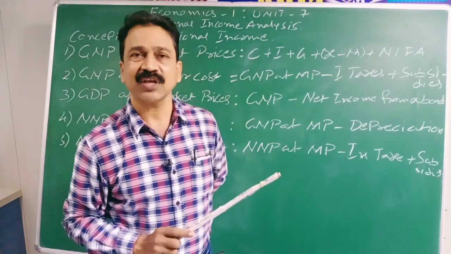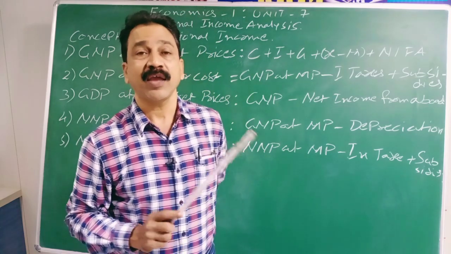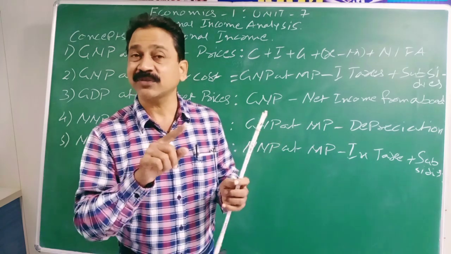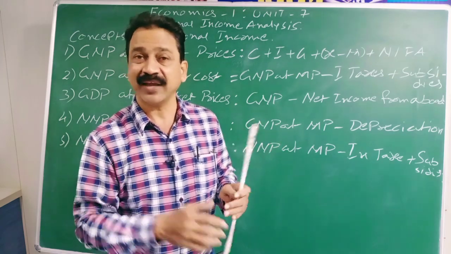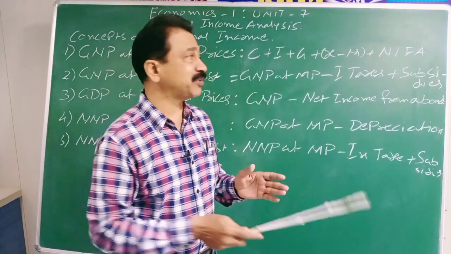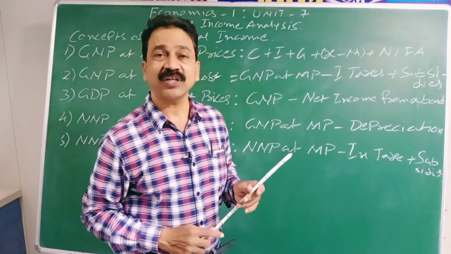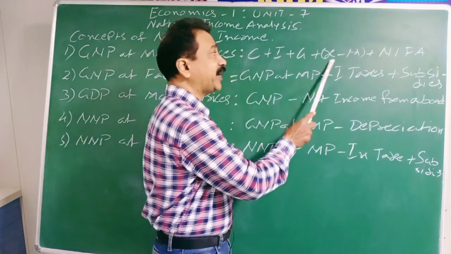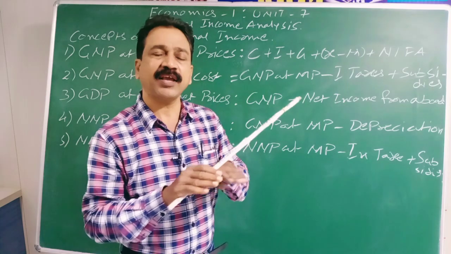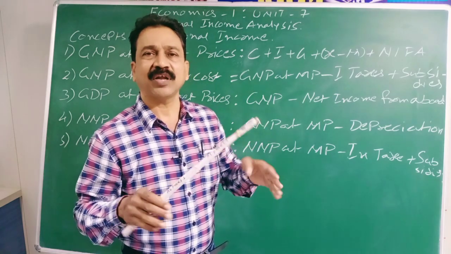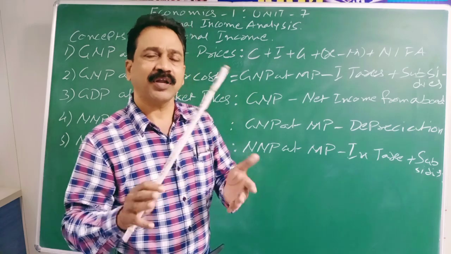Exports minus imports. If exports are higher and imports are lower, exports greater than imports, then it is in the positive way. Something will be added, that is surplus. If X and M, exports and imports, are equal, then it is balanced, neither something added nor something removed.